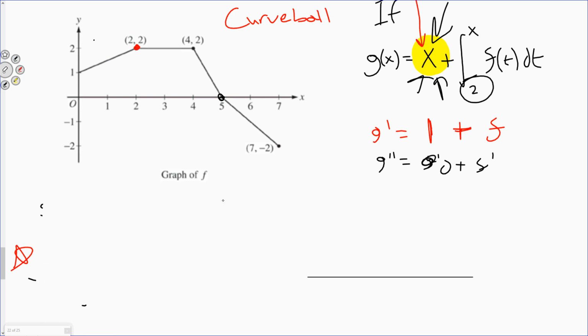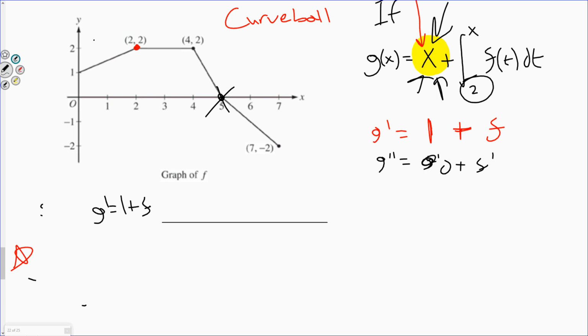Okay? Let's analyze the signs of g prime. Well, you're not going to pay attention to that x equals 5. The graph of f is not what we want. We want the graph of 1 plus f. How does that look?